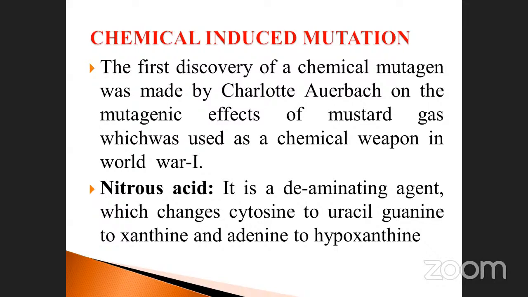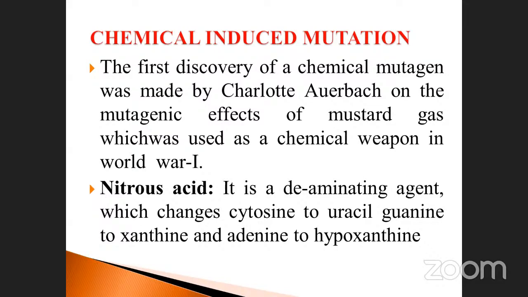Next one is nitrous acid. It's a deaminating agent which changes cytosine to uracil, guanine to xanthine, and adenine to hypoxanthine. What is the meaning of deaminate? Removal of the amino group from the molecular structure.